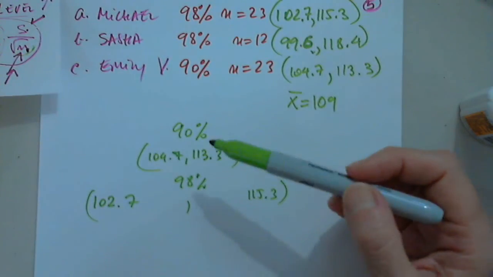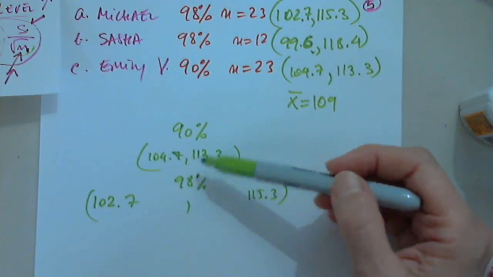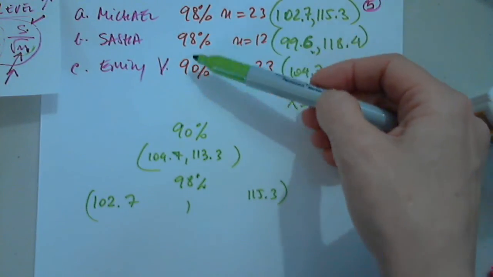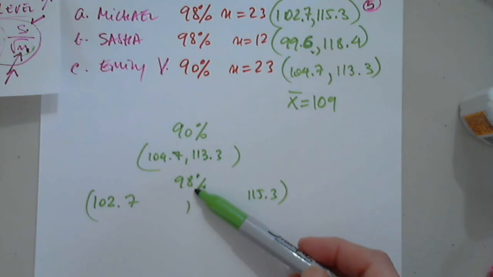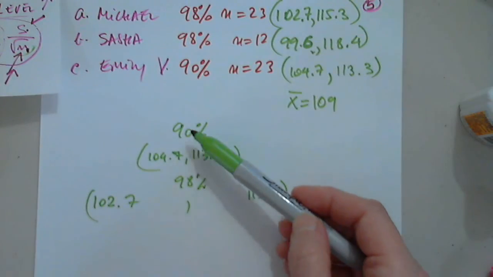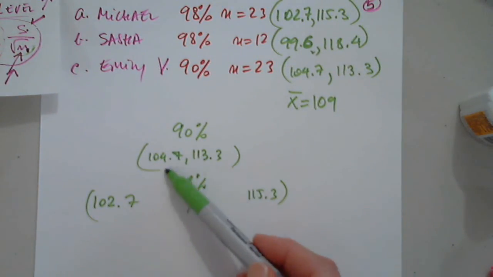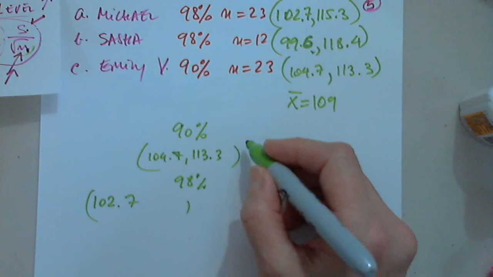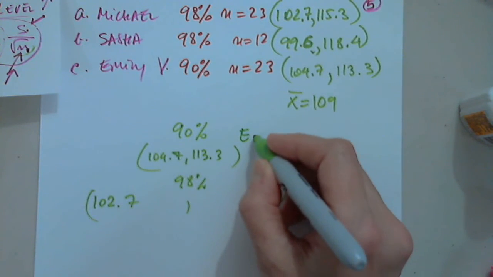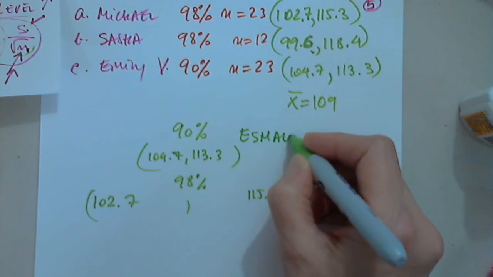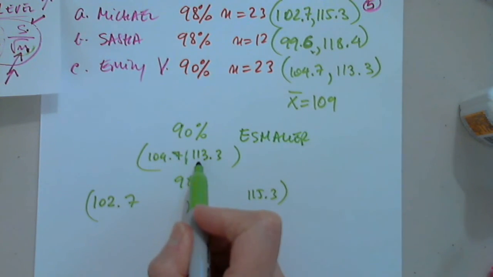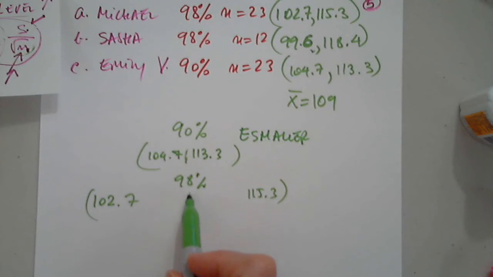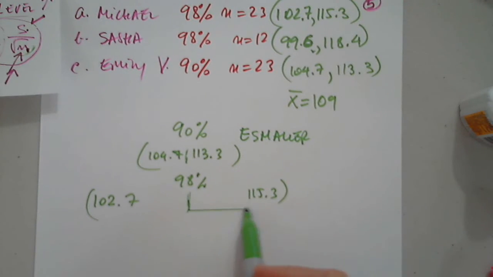So when we decrease the confidence level from 98 to 90, I decrease the interval and the margin of error is smaller. E here is smaller because it's the distance between the mean and 113. Here's the distance between the mean and 115. So the margin of error is bigger here.